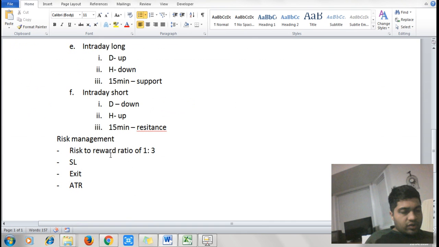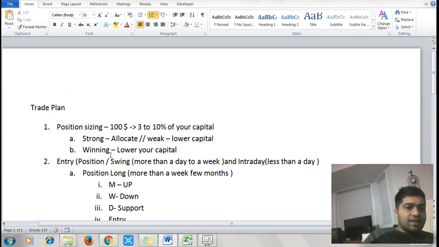So this is how to create a trade plan in a nutshell. Position sizing, 3 to 10% of your capital on a particular trade. If you are very strong, allocate higher. If your analysis is showing a weak entry, allocate lower. If you are winning a lot, lower your capital. If you are losing a lot, increase your capital.